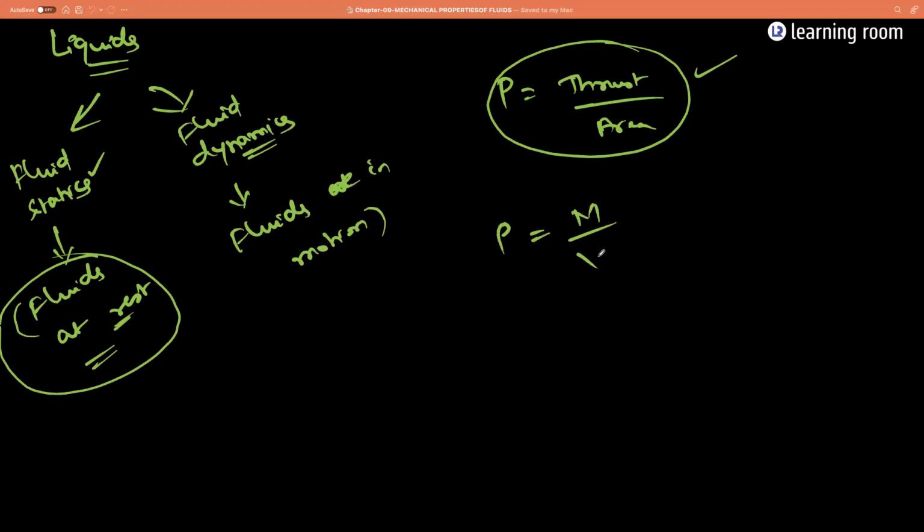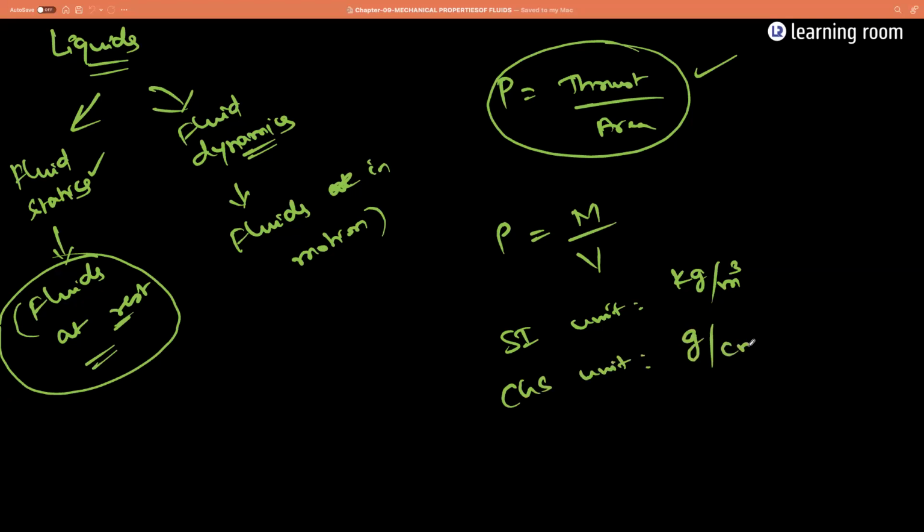So how is density defined? Volume mass density: mass divided by unit volume is going to be the density. So what is going to be the SI unit for it? Kilogram divided by meter cube. Is the point clear? Okay. Now, what is going to be the CGS unit of it?